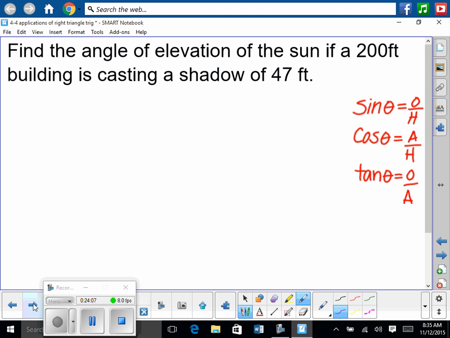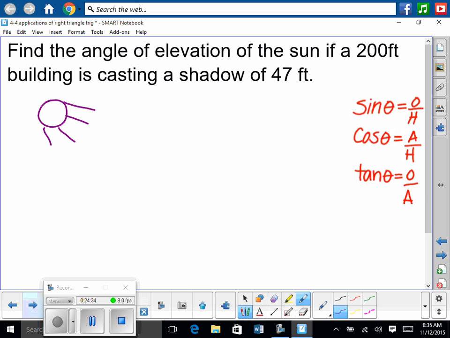So it says, find the angle of elevation of the sun if a 200-foot building is casting a shadow of 47 feet. Do you want me to do this last one? Yeah? Because a lot of you have a confused look. Okay. So if we think about it, we have the sun, right?